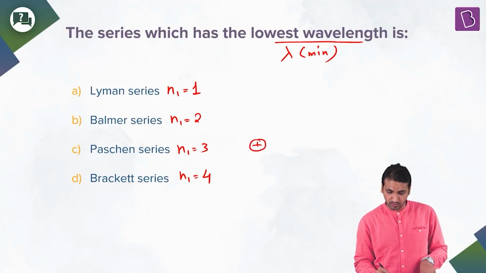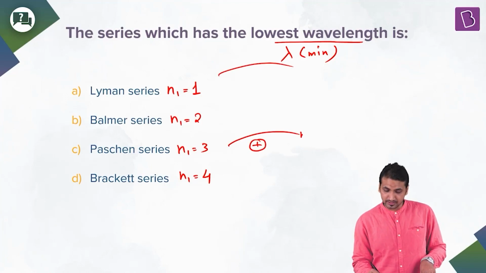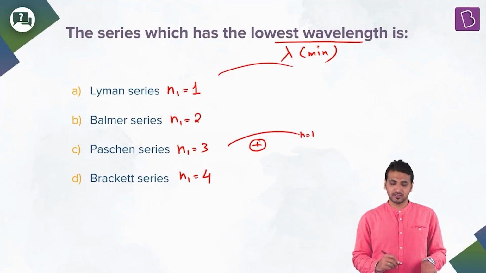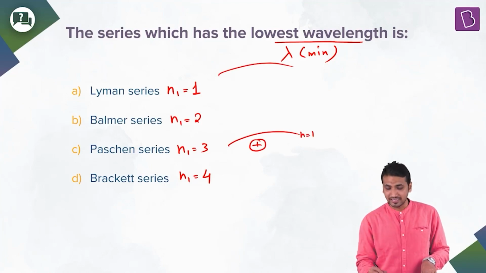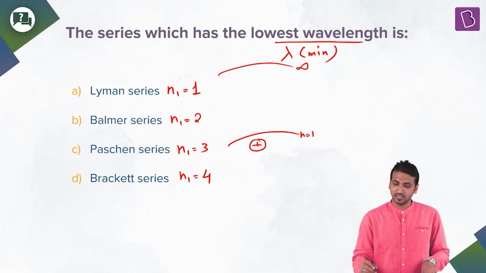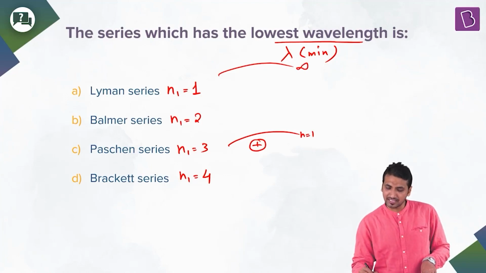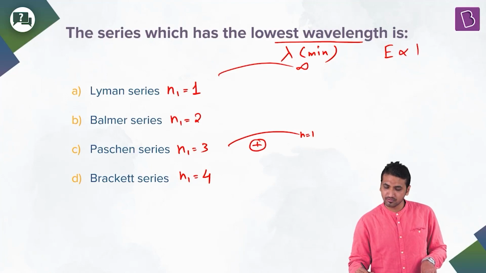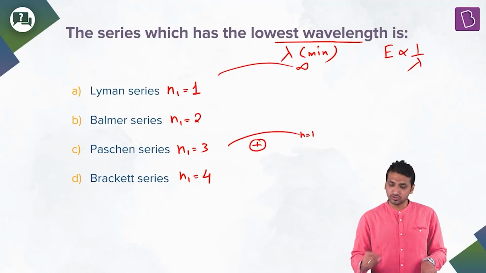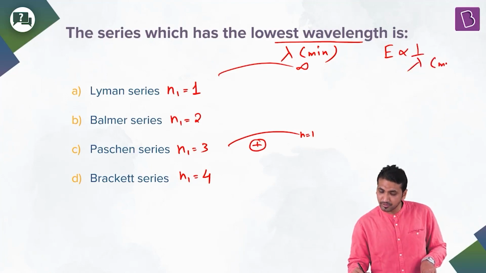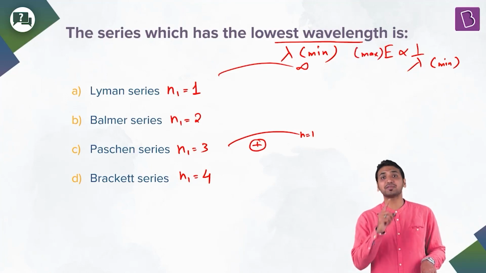If you observe what happens in the atom, let's say this is the first shell, and you have multiple shells till infinity. Energy is inversely proportional to lambda. So if lambda has to be minimum, then energy has to be maximum.